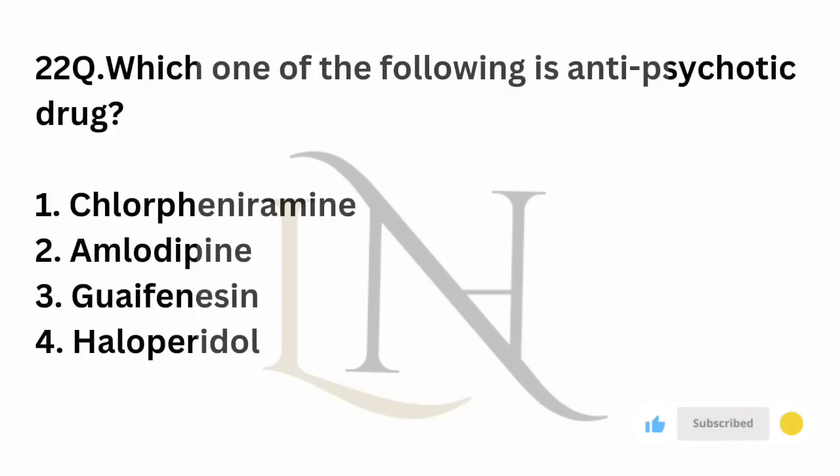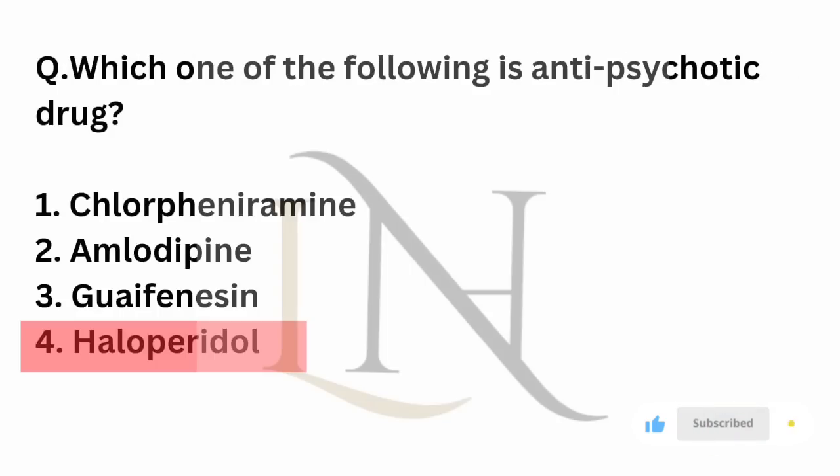Which one of the following is an antipsychotic drug? Option 1, chlorpheniramine. Option 2, amlodipine. Option 3, guaifenesin. Option 4, haloperidol. Answer is option 4, haloperidol, which we use as an antipsychotic drug.